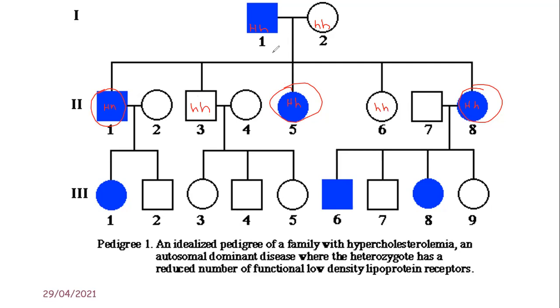Let's have a look. Could it be homozygous recessive? So we've got HH. And could this person be homozygous dominant? No, we know they can't be, because then none of them would be sufferers. So we know it can't be that. Could this individual be heterozygous? Yeah.